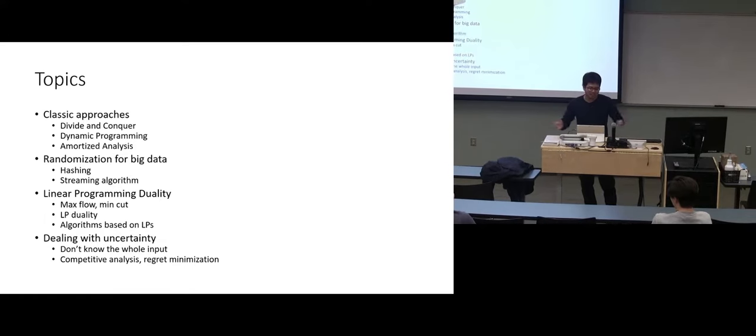But nowadays there are many situations where you don't even know the input, and you need to decide what to do right now without knowing the future input. And you want to be kind of competitive to the future somehow. You'll see what it means in a later part of the class. This part is going to be related to machine learning a bit too. It's going to be quite fun.